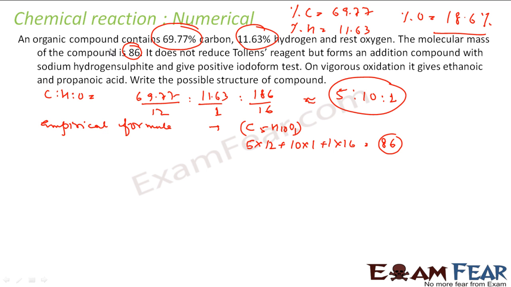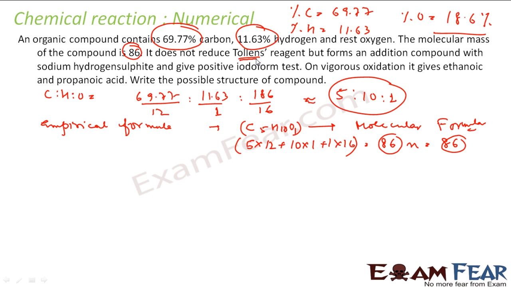And it says the compound's molecular mass is 86 itself. That means the molecular formula is equal to the empirical formula. If this was not the same, we would have been supposed to multiply with some number. So this is the same: it's 86 into 1. This into n is equal to 86, so n is equal to 1. This is my molecular formula also.